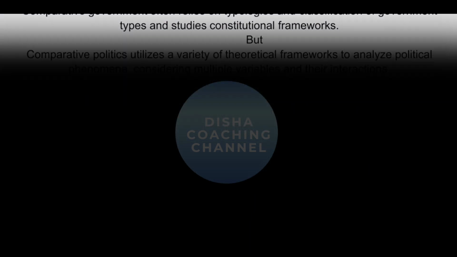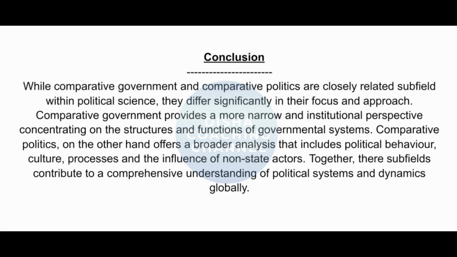At last, in conclusion, we can say, while comparative government and comparative politics are closely related subfields within political science, they differ significantly in their focus and approach. Comparative government provides a more narrow and institutional perspective, concentrating on the structures and functions of governmental systems.